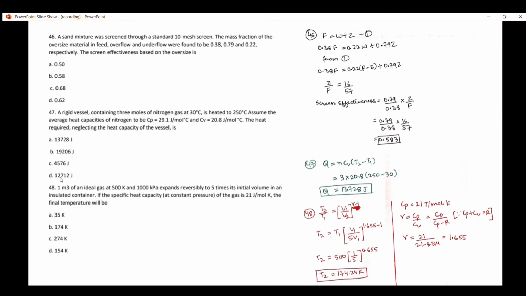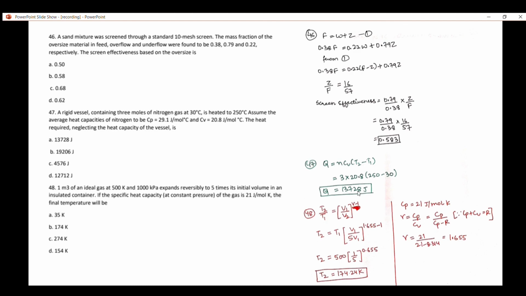Next, 1 meter cube of ideal gas at 500 Kelvin and 1000 kilopascal expands reversibly to 5 times its initial volume in an insulated container. We have to find out the final temperature. So the relation between volume and temperature is T2 by T1 is equal to V1 by V2 to the power gamma minus 1.